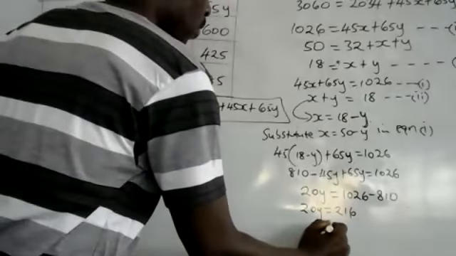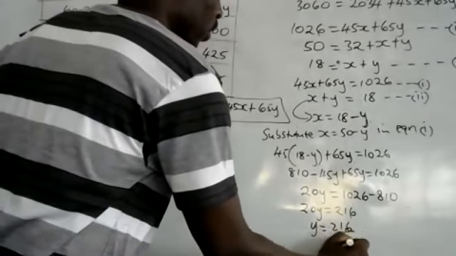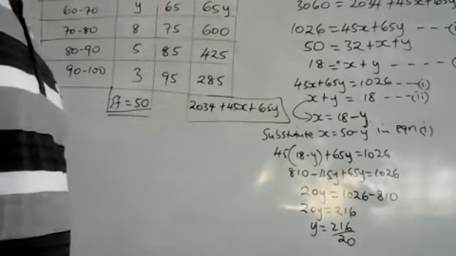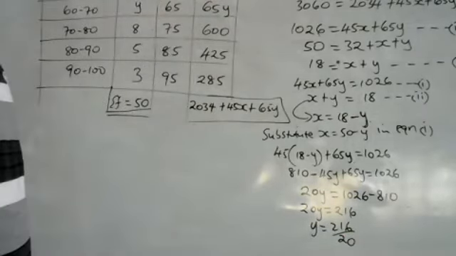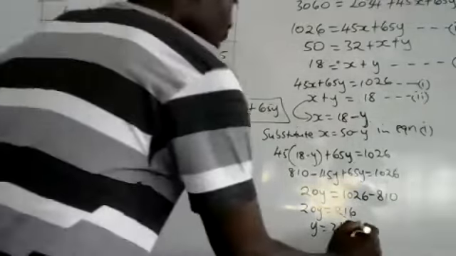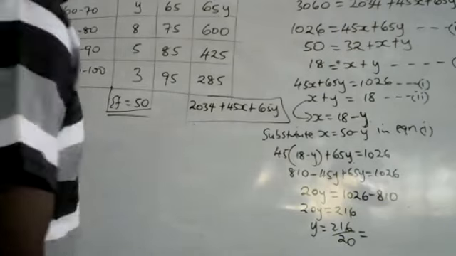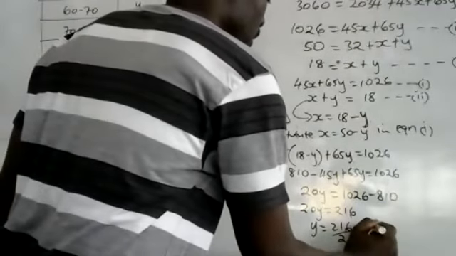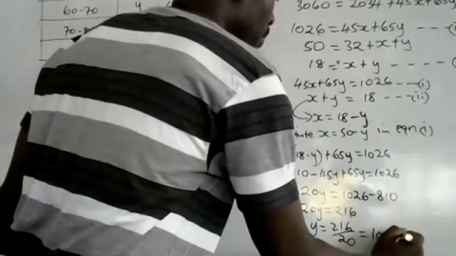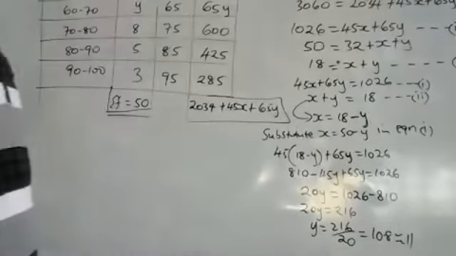So y is equal to 216 over 20, which is 10.8, which is approximately 11.